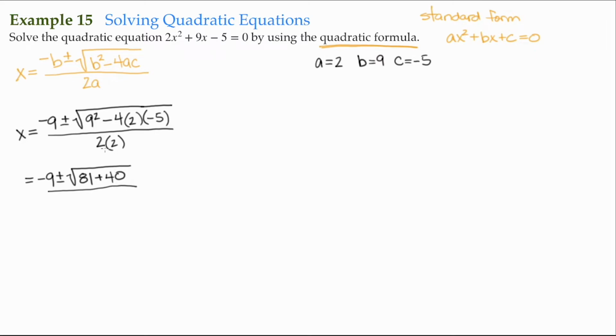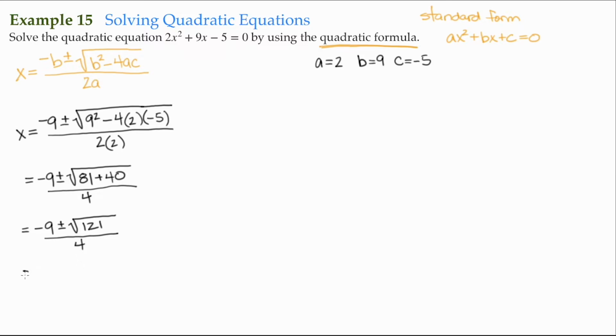And this is all over 2 times 2, which is 4. We then have -9 plus or minus the square root. 81 plus 40 is 121. All over 4.